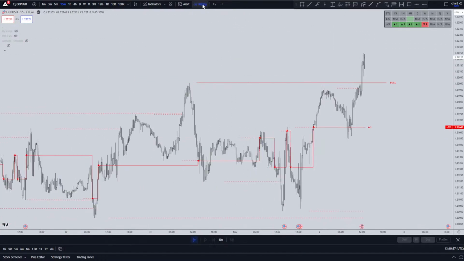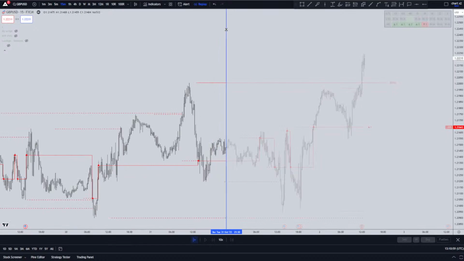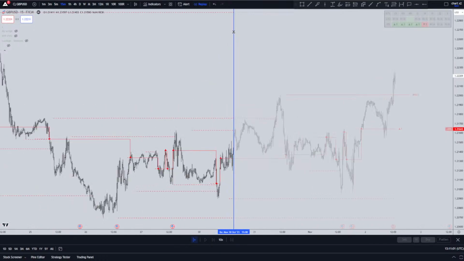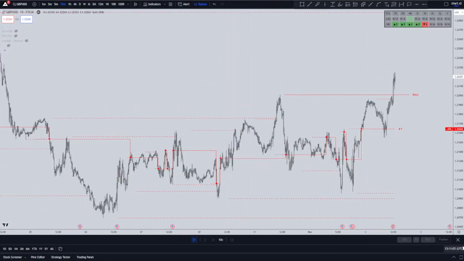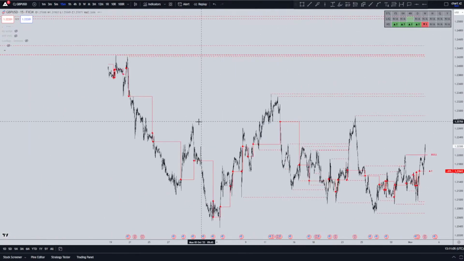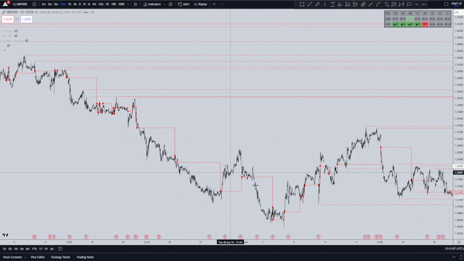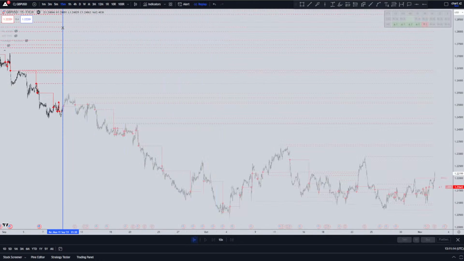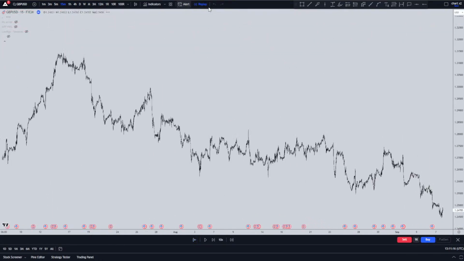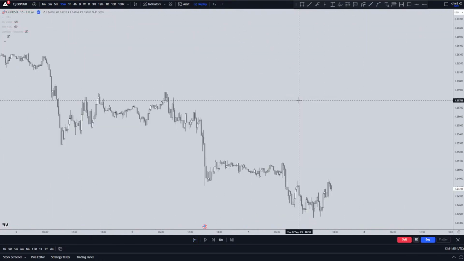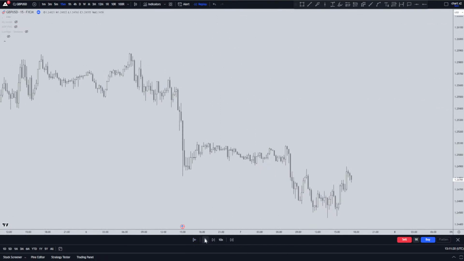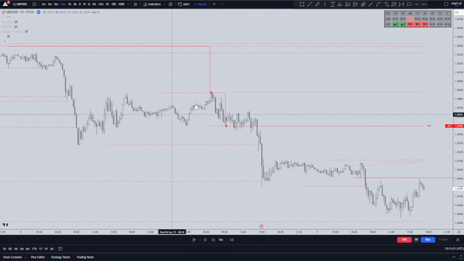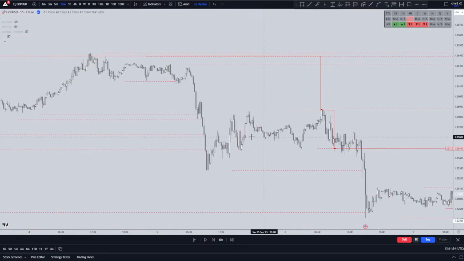So what I can suggest is, you're not going to be able to see the lines way back in history like here, just because there is a limit on how many lines you can see. One way is to use the bar replay to cut it, and then don't play it, but just manually review it.